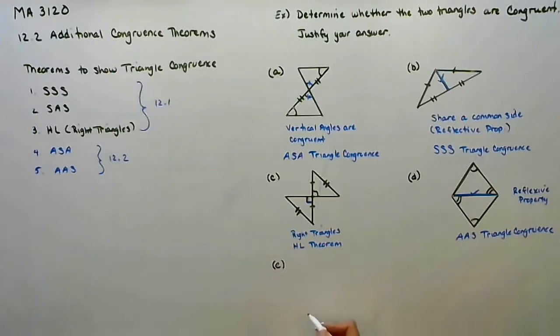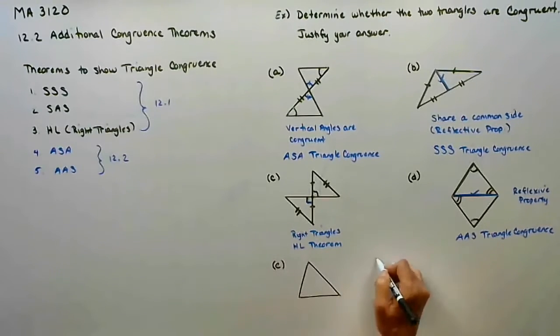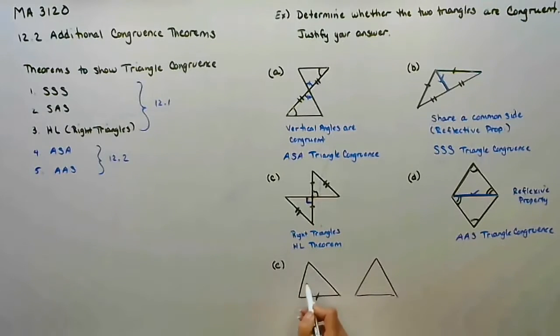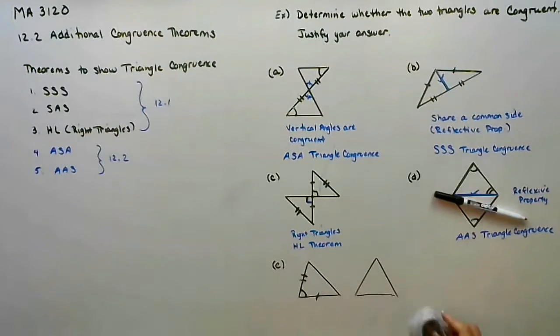All right. I gave you a triangle. I'm just going to sketch these. I gave you this side, and an angle between them. And then I gave you, oh, this picture doesn't look anything like the other one.